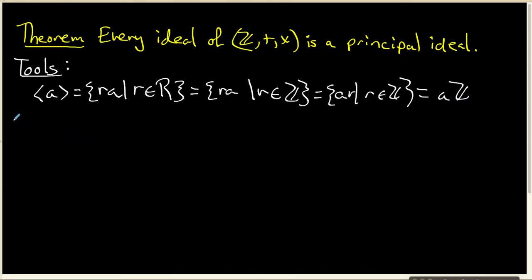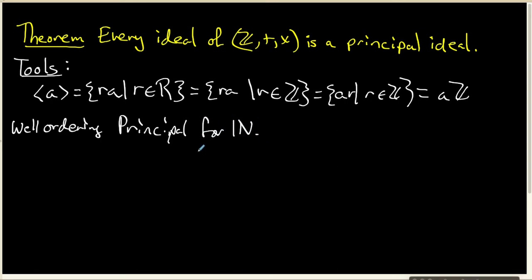The second tool that we need in order to prove our theorem is something called the well-ordering principle for the natural numbers. The first thing that I want to remember is that the natural numbers themselves are the set of positive integers.